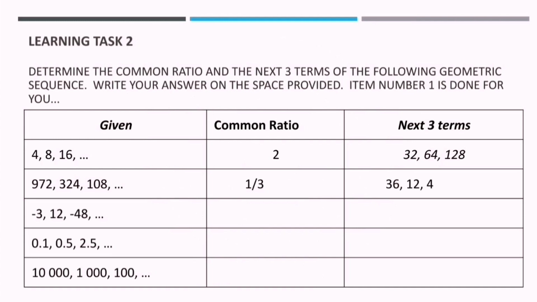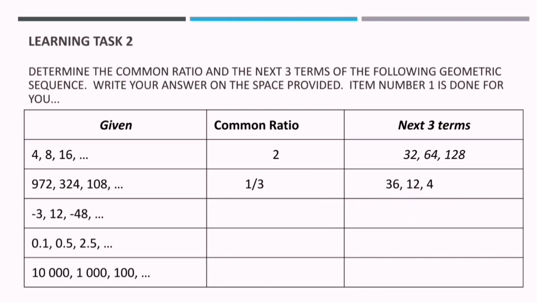Okay, so to get the succeeding term, multiply 108 by 1/3. That gives us 36. 36 multiplied by 1/3 is 12. And 12 multiplied by 1/3 is equal to 4. That's how you get the common ratio of a geometric sequence and the next 3 terms.